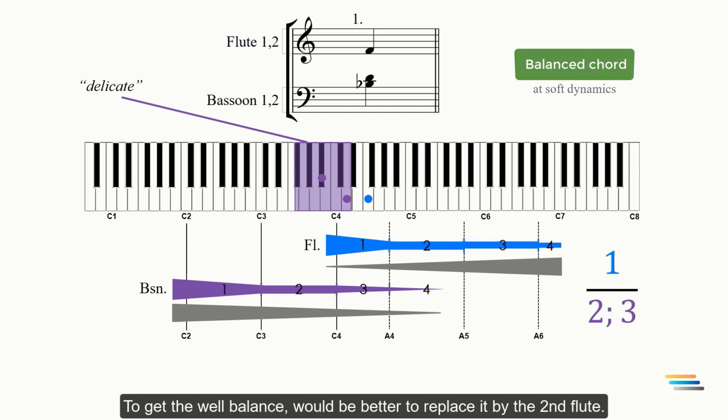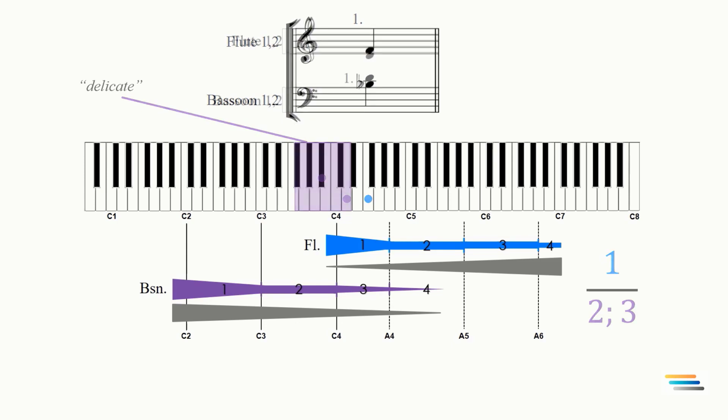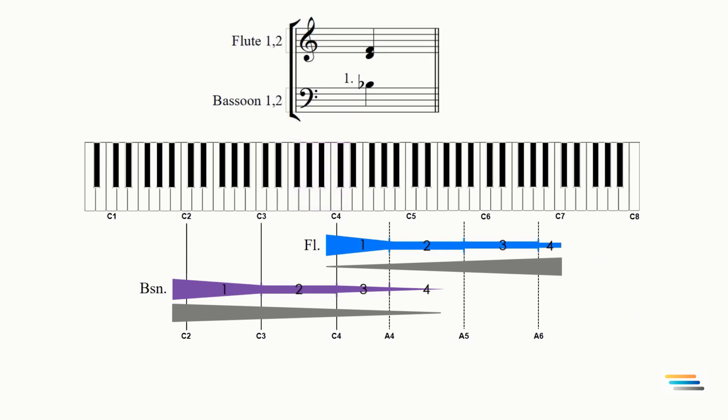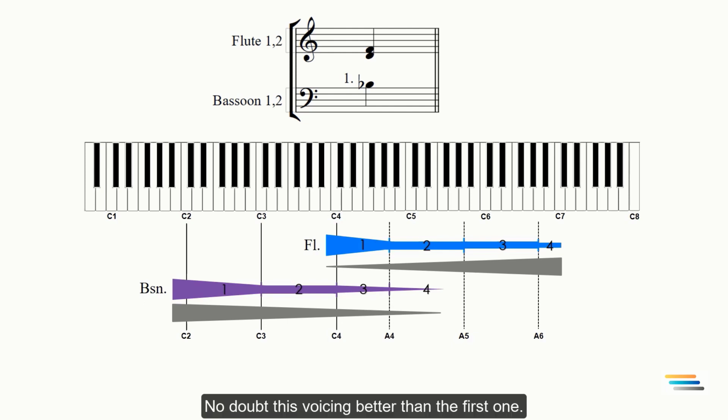To get a good balance, it would be better to replace it by the second flute. No doubt, this voicing is better than the first one. Let's analyze.